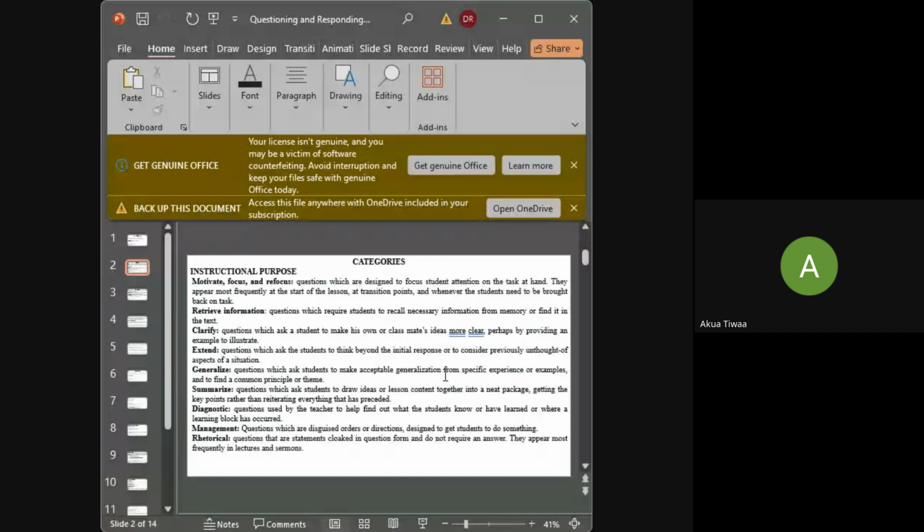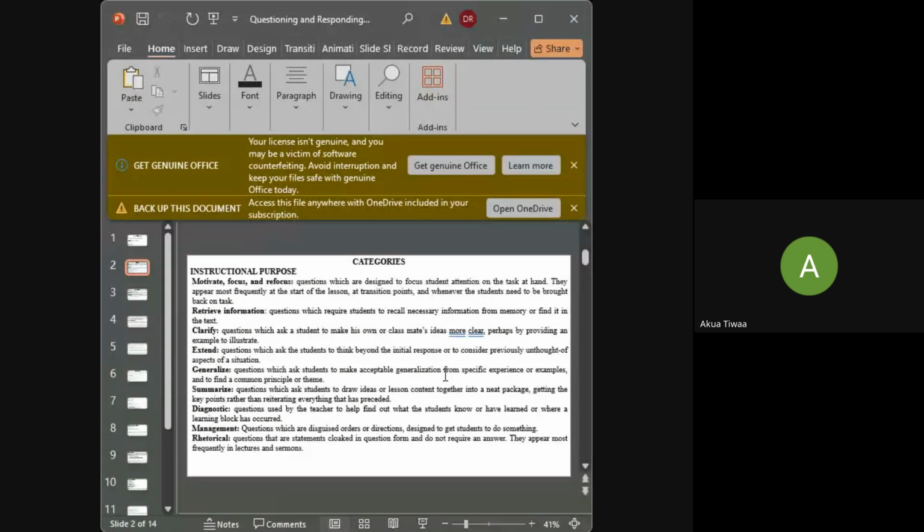Some students have answered, but there are other facts they are supposed to bring. So you use questions for them to bring out those unthought answers that they have in them.